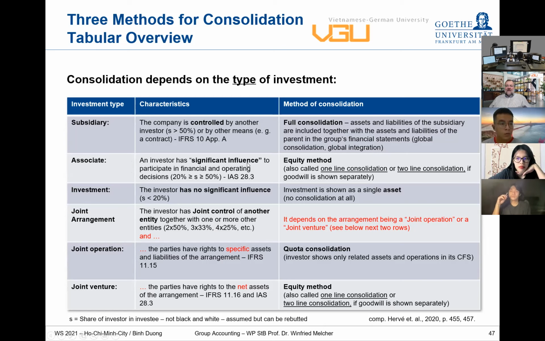In assessing control, exercisable potential voting rights are taken into account. The financial statements of the subsidiaries are included in the consolidated financial statements from the date that control commences until the date that control ceases. So basically, we have an understanding.